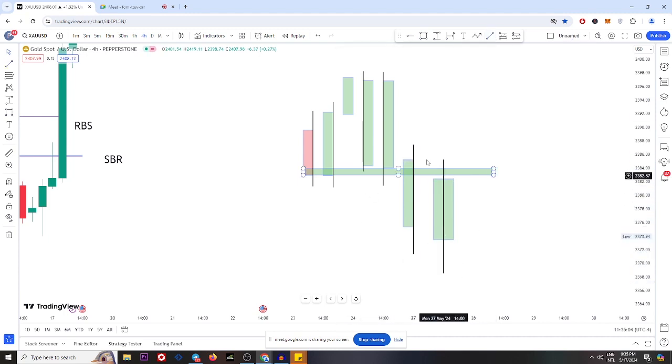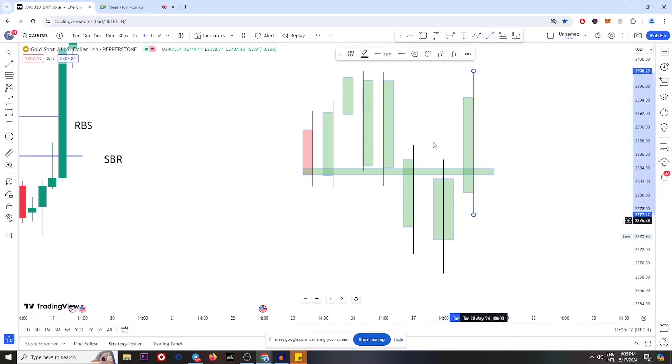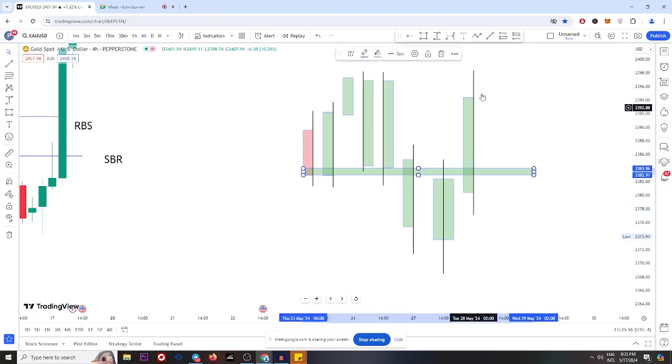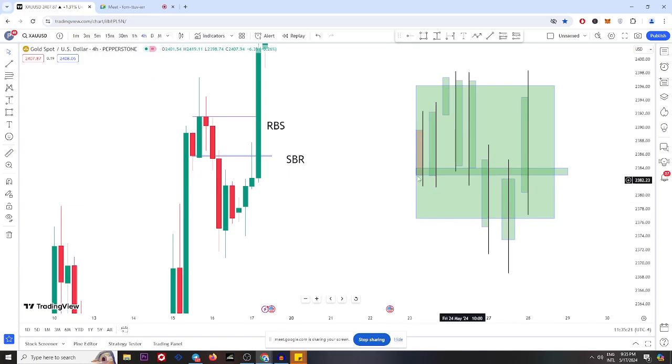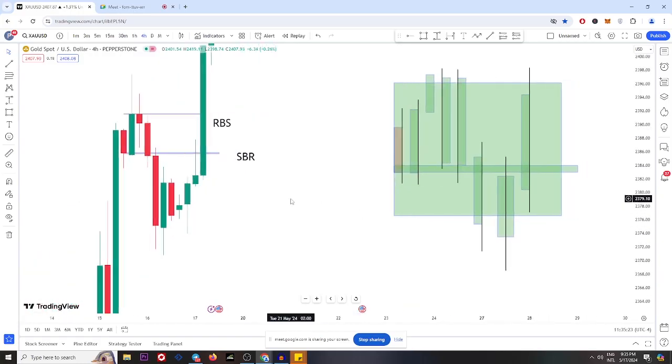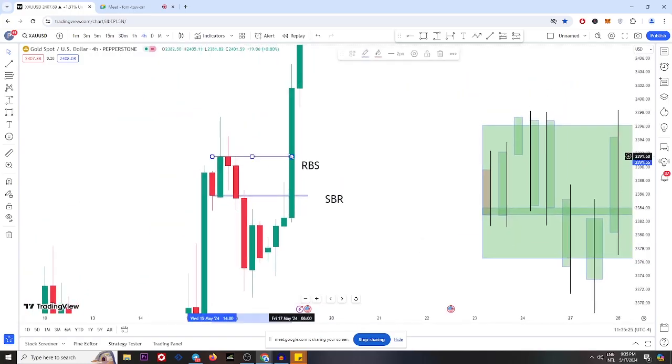Now look what we have here. It is becoming RBS. Is it a fresh level? Yes, it is a fresh level because the market did not come to it yet. What do we have here? A support, and it broke here, right?